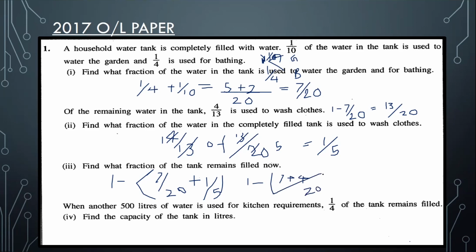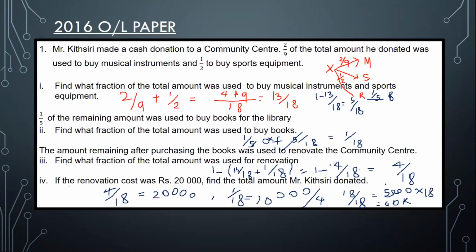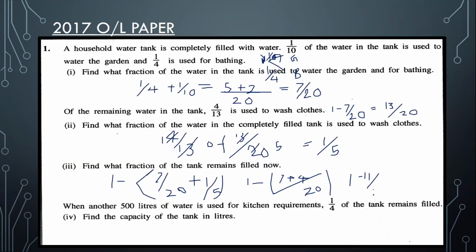So that is going to be 11/20. So 1 minus 11/20 is 9/20.